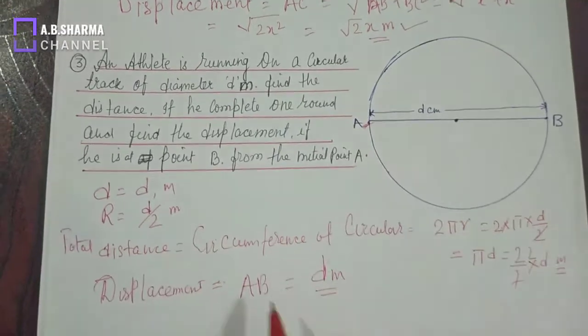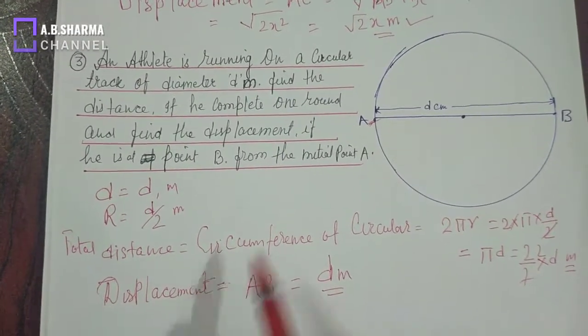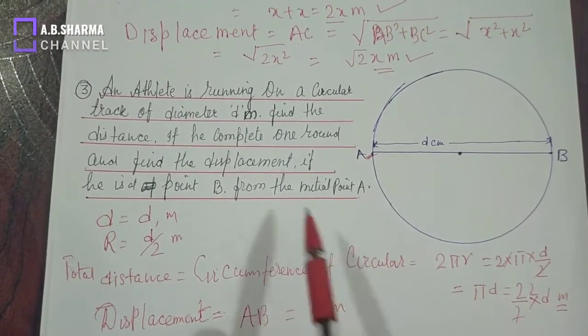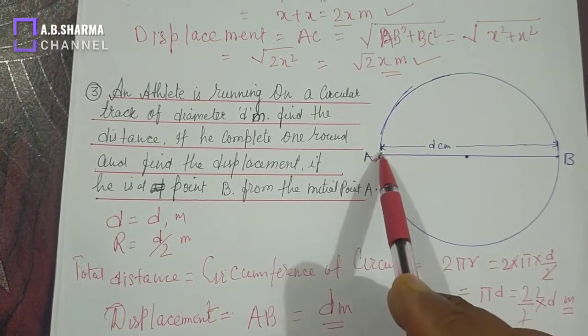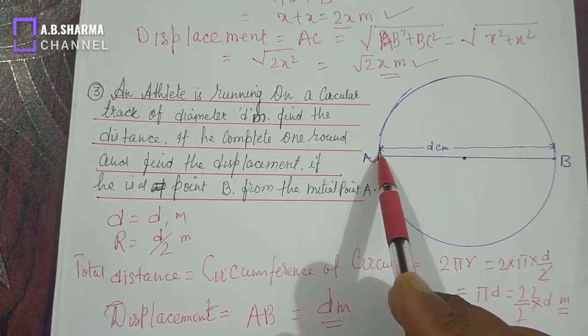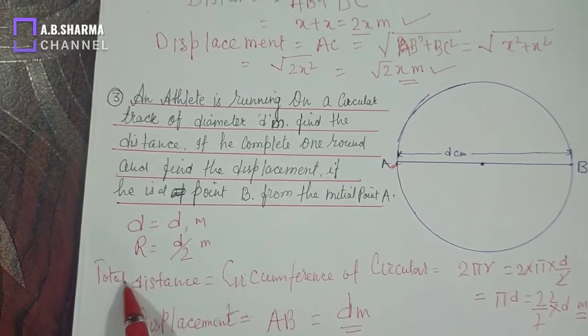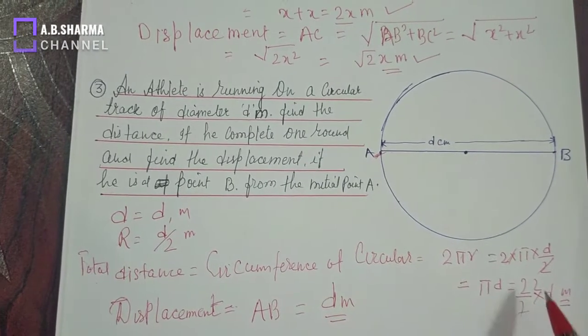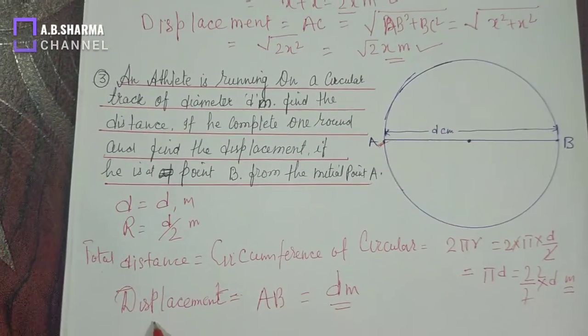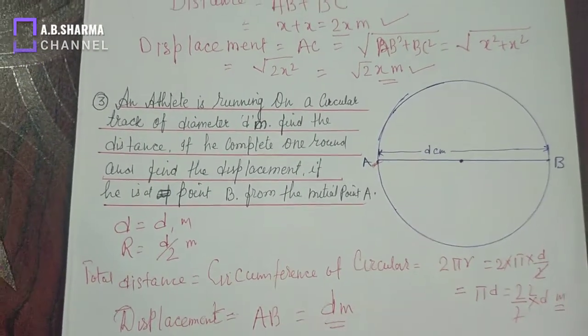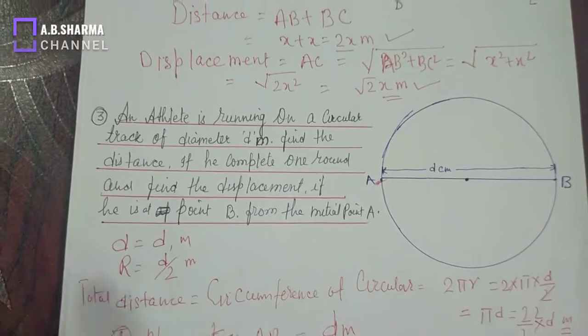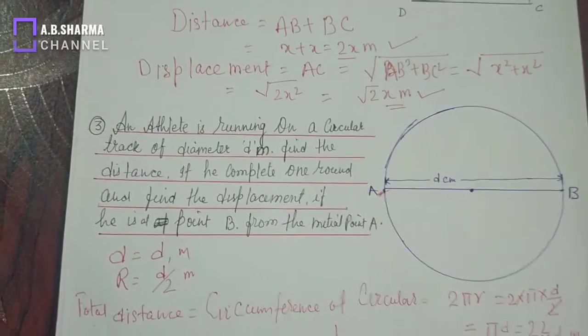So this is the value of the total distance covered by the athlete in one round and the magnitude of displacement. So these are the questions. Now see the next question.